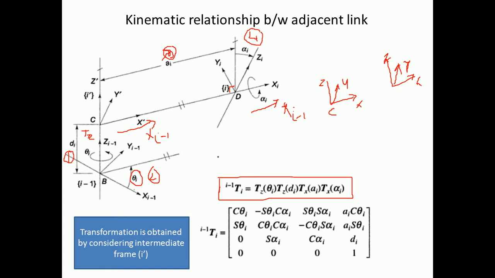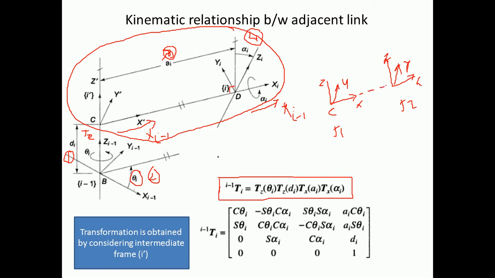I just want to share that between any two joints, suppose this is joint 1 and this is joint 2, between the intermediate frame and the final frame we are trying to keep the x axis parallel to the common normal.